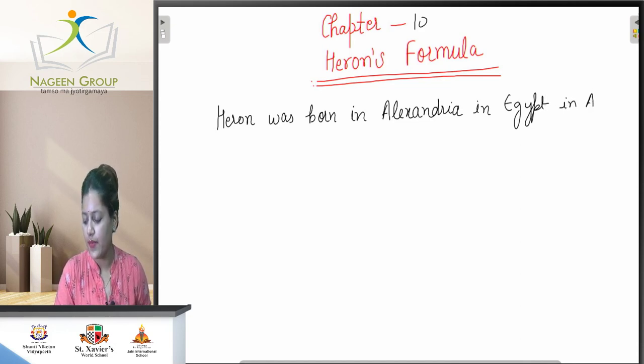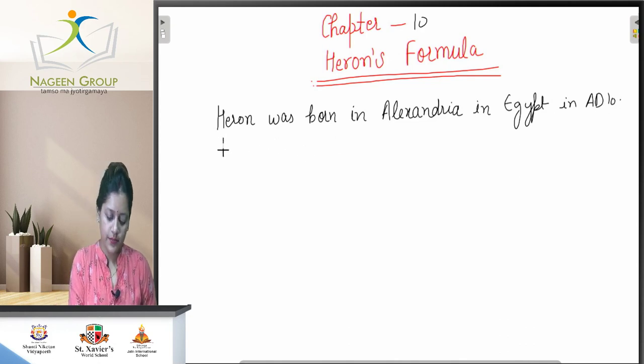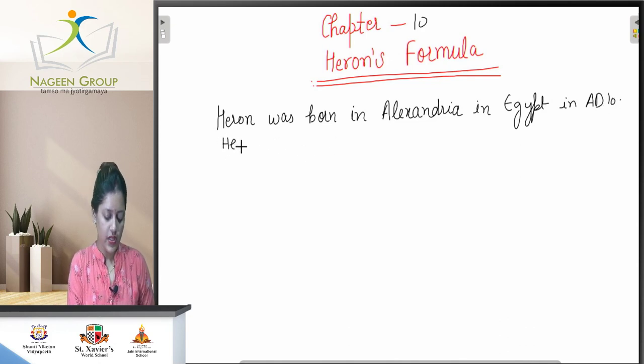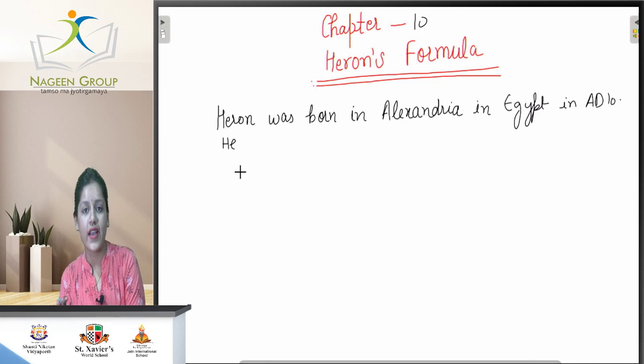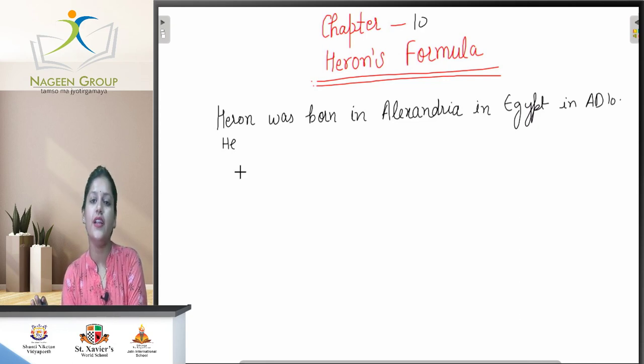AD is the time after the death of Christ. This is the history of Heron the scientist.